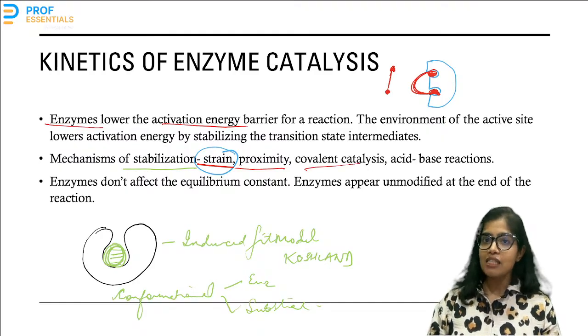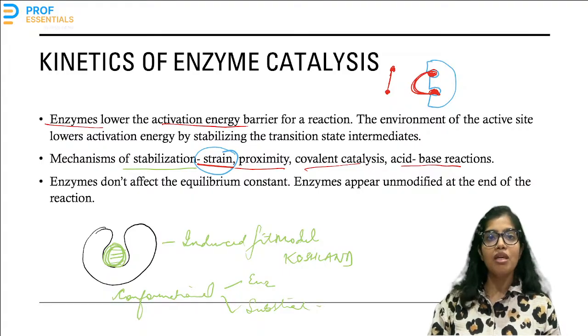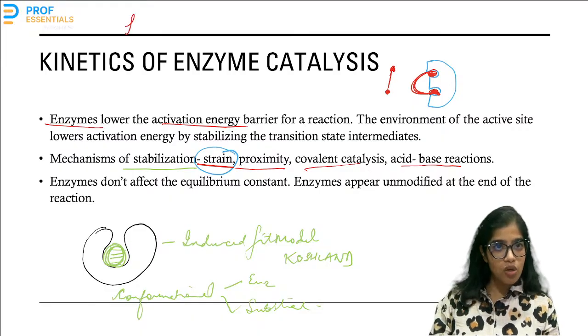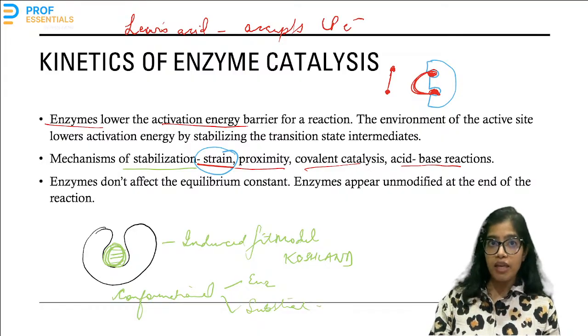The last was acid base reactions, where the enzyme behaves as a Lewis acid or Lewis base. A Lewis acid will accept electrons, it accepts a lone pair of electrons, and a Lewis base is going to donate a lone pair of electrons.